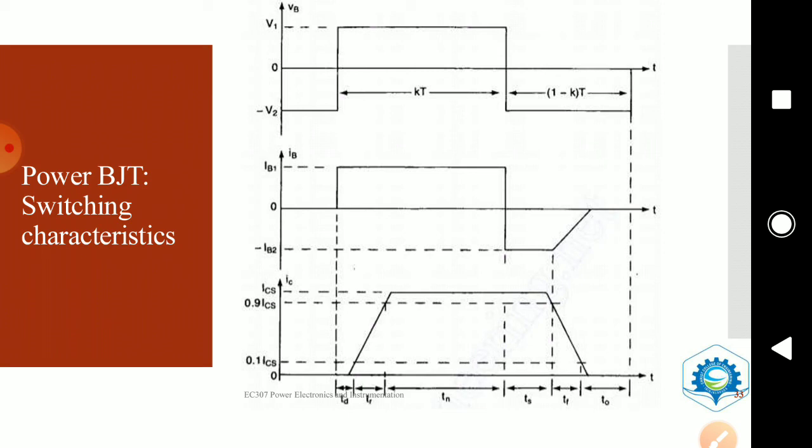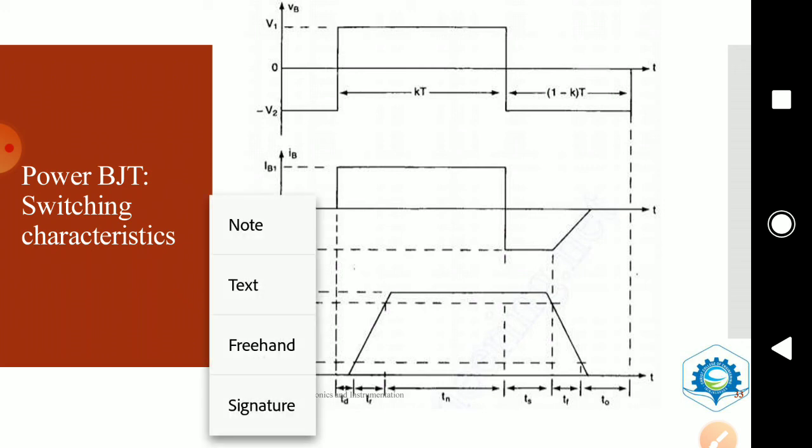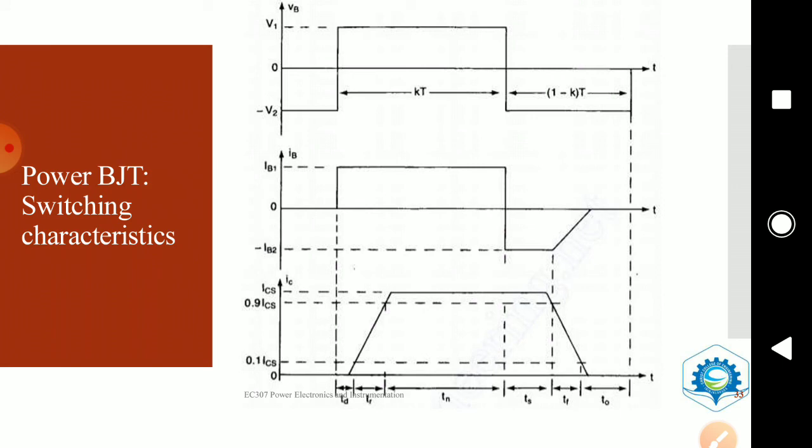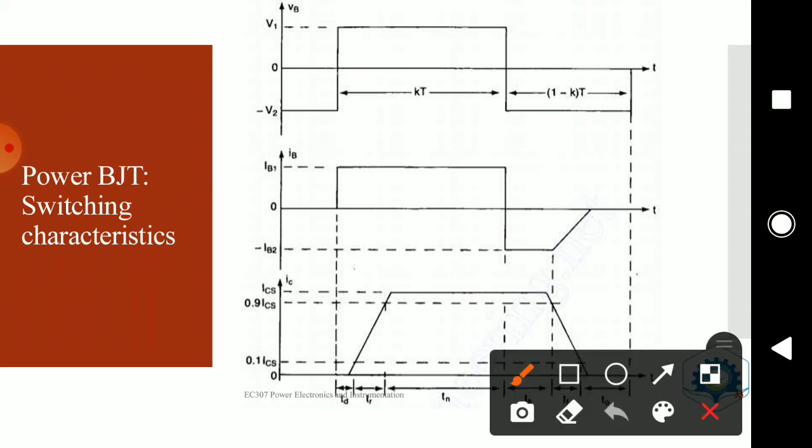If there was no reverse base current present, the saturating charge would have to be removed entirely by recombination and the storage time would be longer. Now, once the extra charge is removed, the base emitter junction capacitor charges to the input voltage, that is the negative voltage V2, and the base current gradually falls to 0.